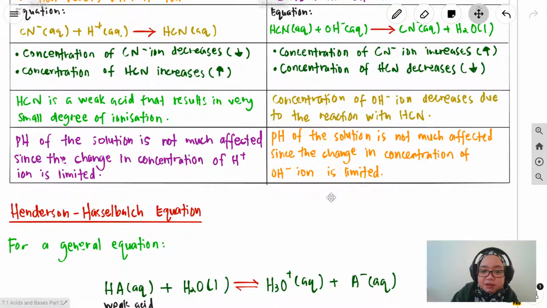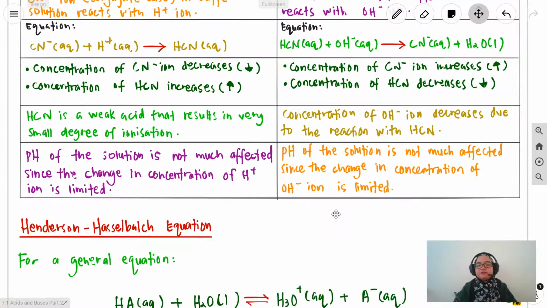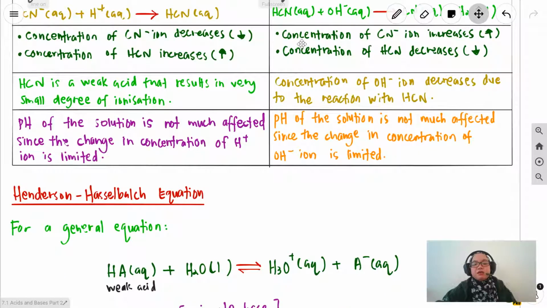Alright, now we are going to look at the Henderson-Hasselbalch equation. We use this equation to find the pH value of the acidic buffer solution.